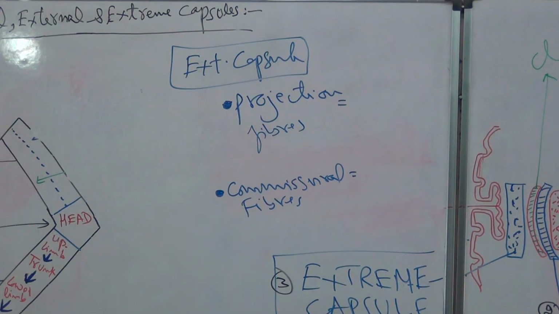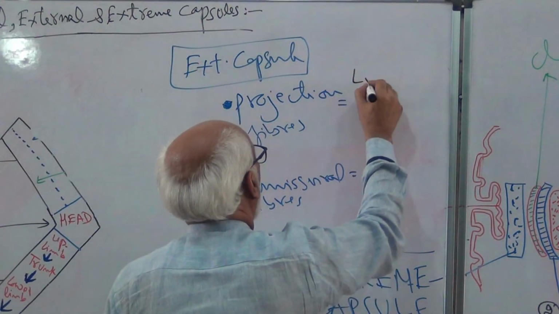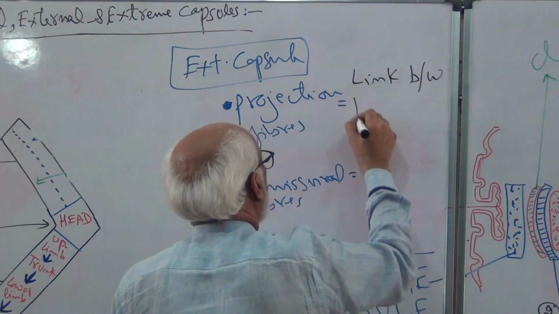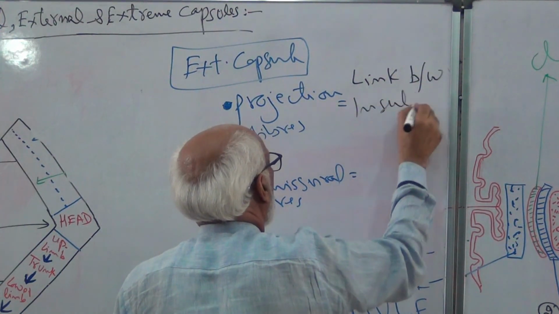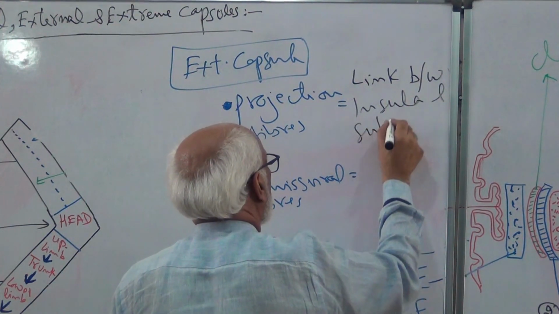The projection fibers link the insula and subthalamus.